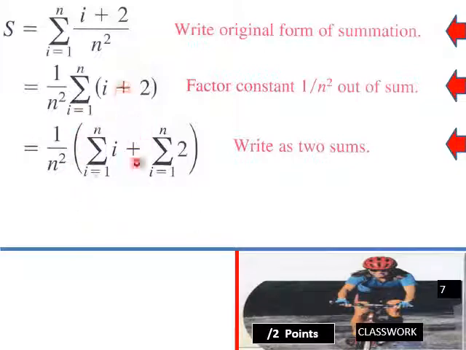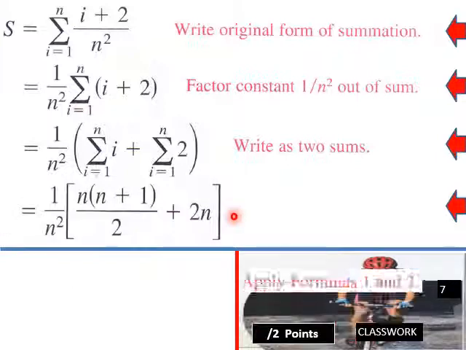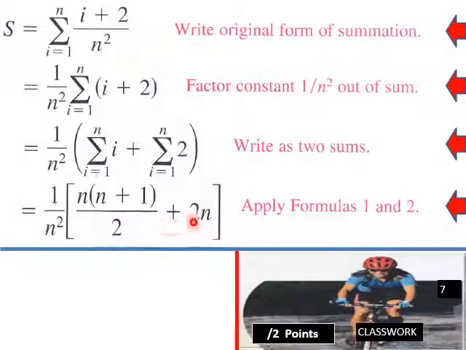So now we're going to use the property that adds our summations together. So we have 1 over n squared, and then the summation, upper n, i equals 1, of i plus the summation, upper n, i equals 1, of 2. So when we have that situation, we end up with this here. Apply formulas 1 and 2 now. And when we do that, this becomes n times (n plus 1) over 2, and then this just becomes 2 times n here.